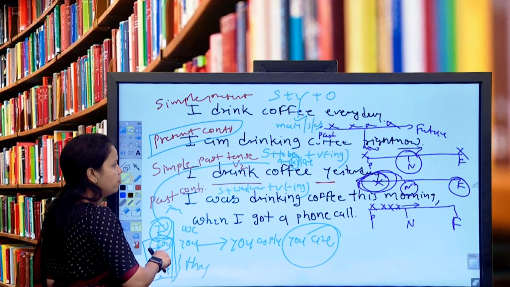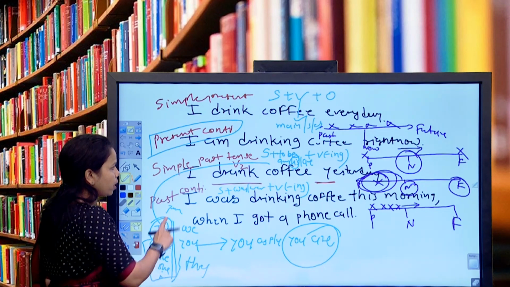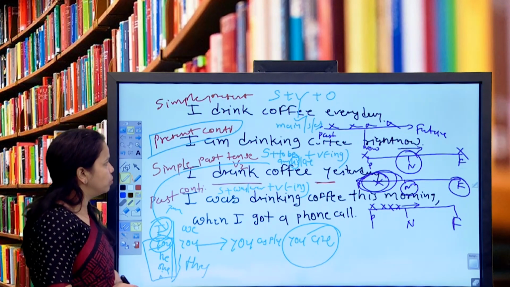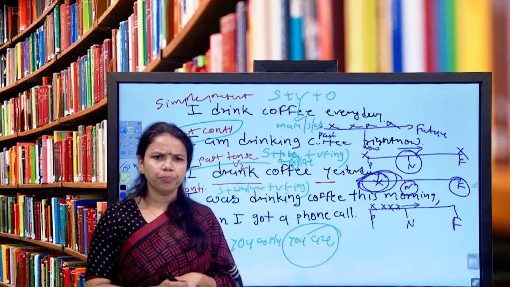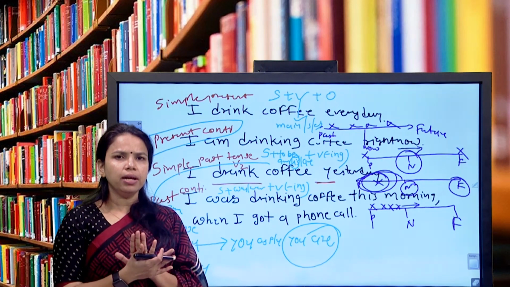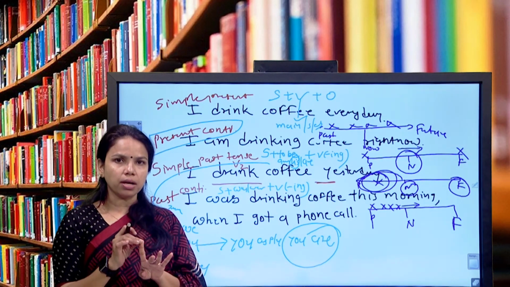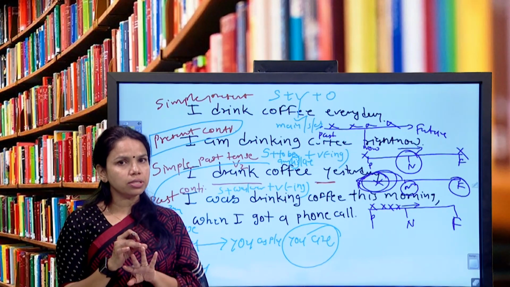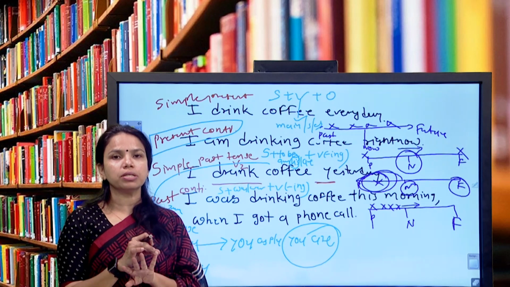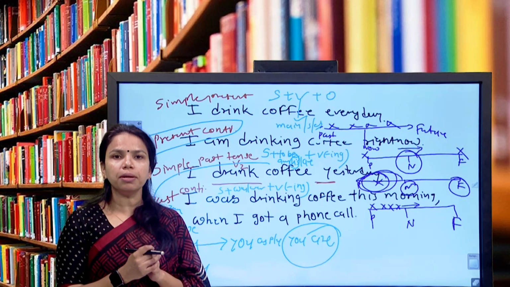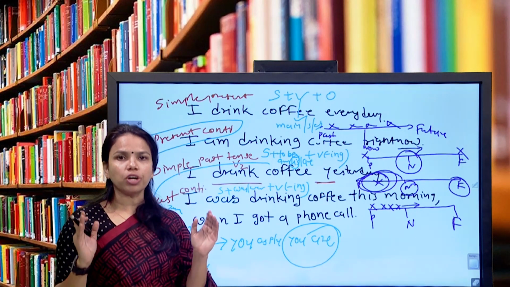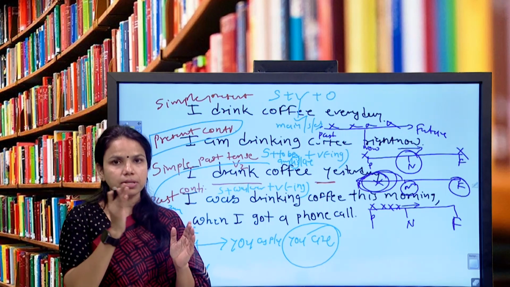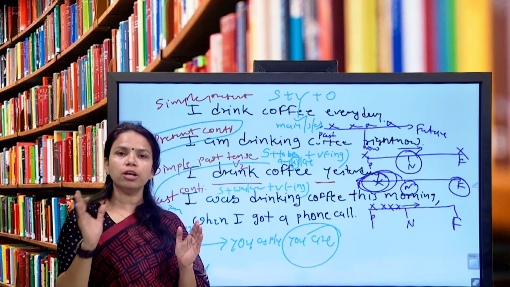And in the same way, we have to do the same. So, mainly simple past tense or simple present tense, present continuous tense or past continuous tense, you just have to keep in mind that the structure of the sentence is the same: subject, verb and object.